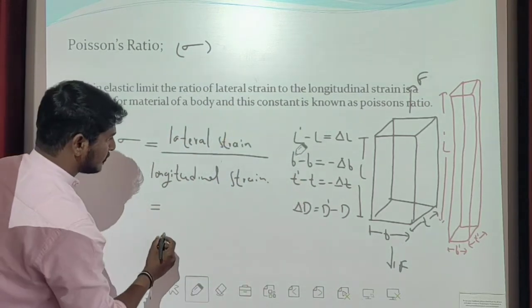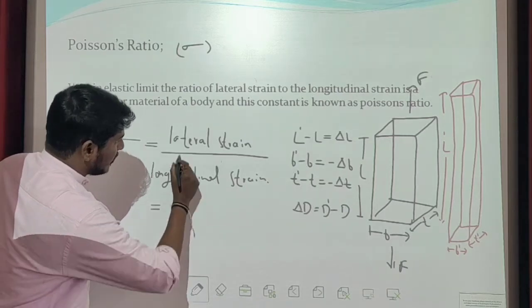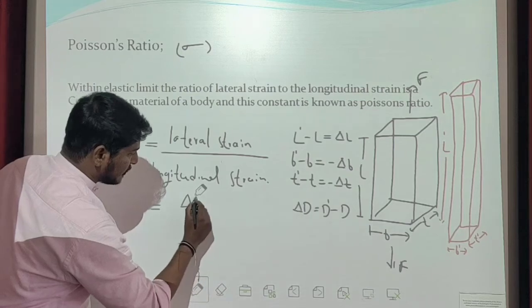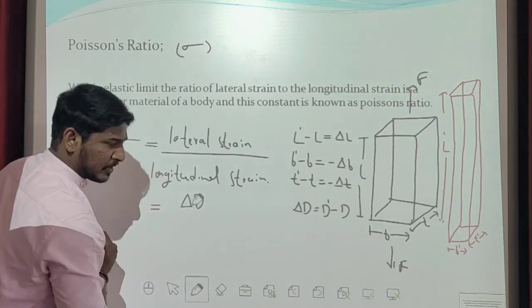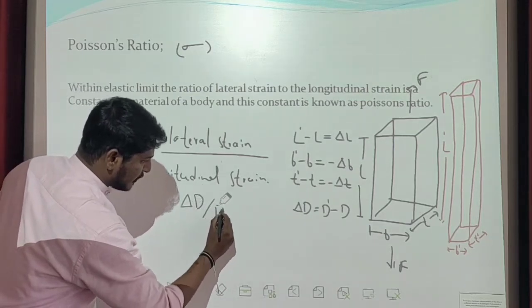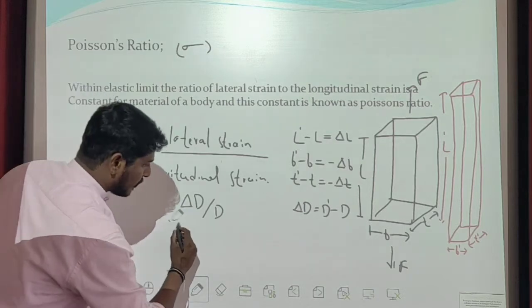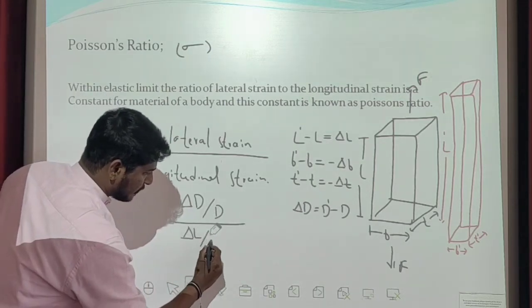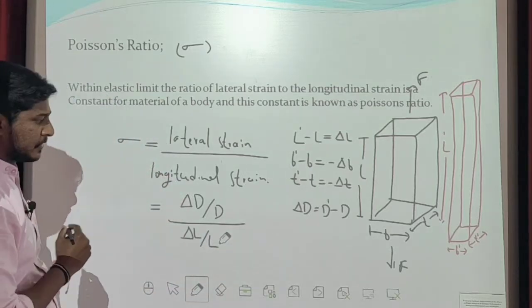So lateral strain is equal to change in dimension by original dimension, and longitudinal strain is change in length by original length.